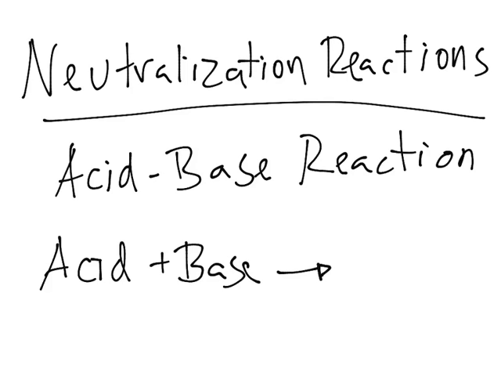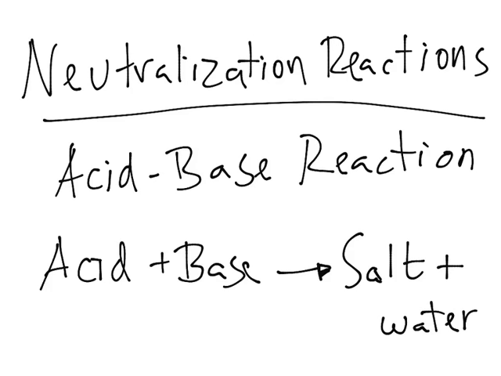So what this will always form is something we call a salt and water. So a salt is basically an ionic compound, any ionic compound, that is formed when an acid and a base react. So you will always have a salt and H2O.